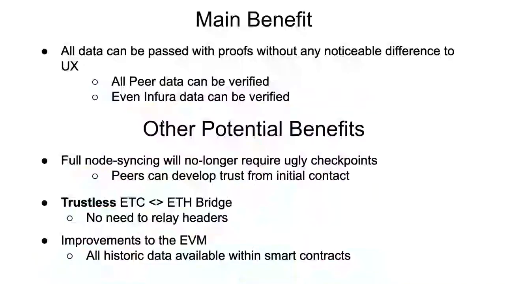Okay, so this is the trustless ETC/ETH bridge thing. I think there could be some really huge potential there. Right now, to do these bridges, Bitcoin Relay is probably the best example of a bridge like this. You have to relay all these headers, so all the Bitcoin headers are going into a smart contract on Ethereum.